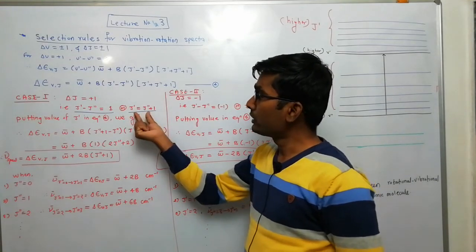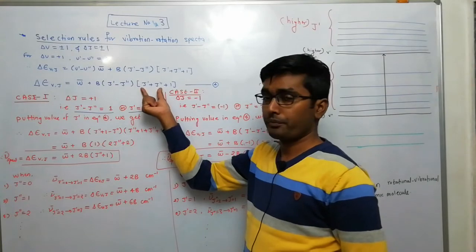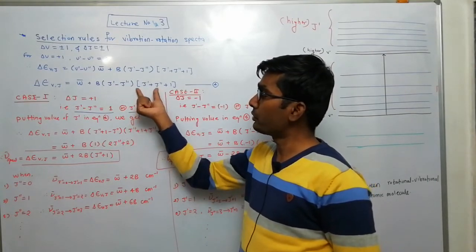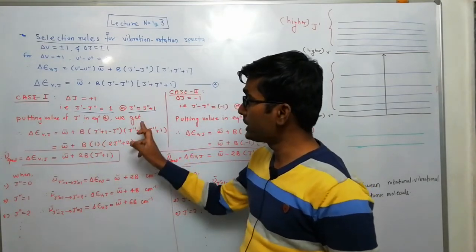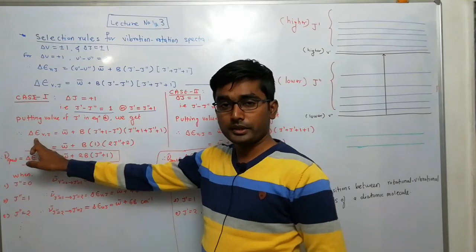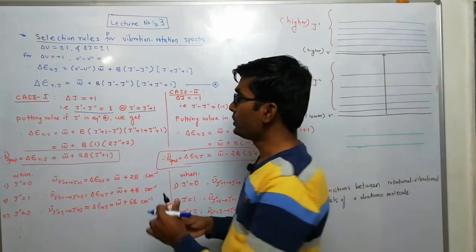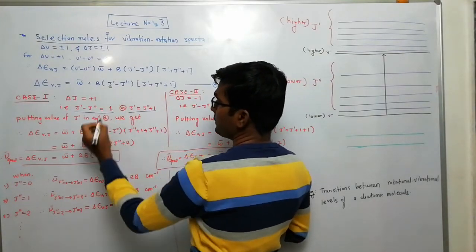Now, let us put this J prime value in equation 4. Putting the value of J prime in equation 4, we get delta epsilon Vj is equal to omega bar plus B into, let us put this value of J prime. So, what is the value of J prime?